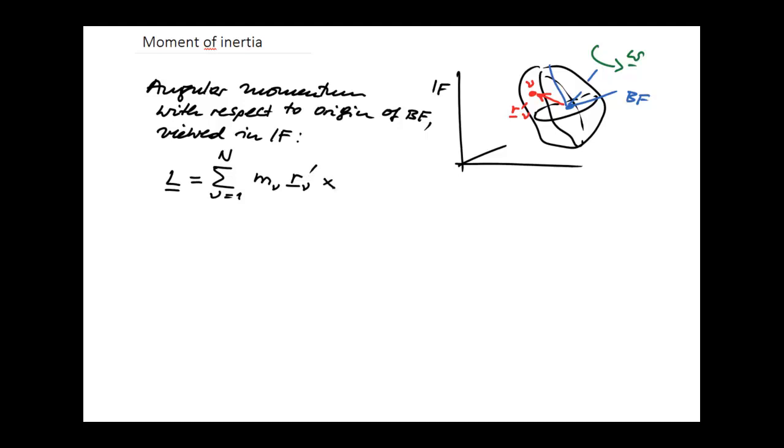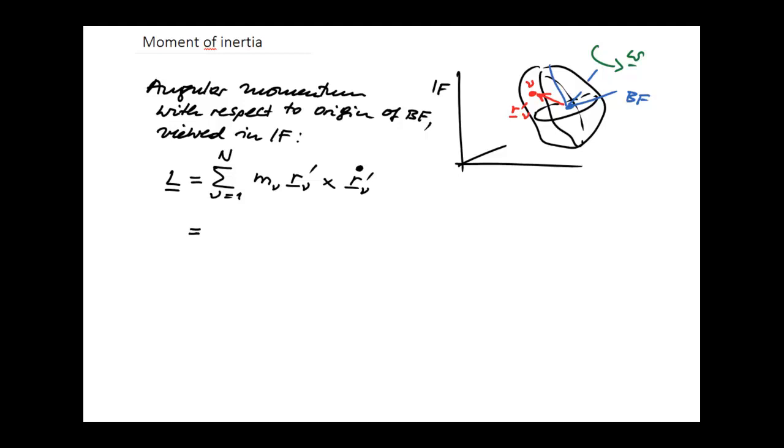And then the vector product with the velocity as seen in the inertial frame. And the velocity seen in the inertial frame, that is r nu prime dot. Again, it's the velocity relative to the reference point. So it's not r nu dot, but it's r nu prime dot.